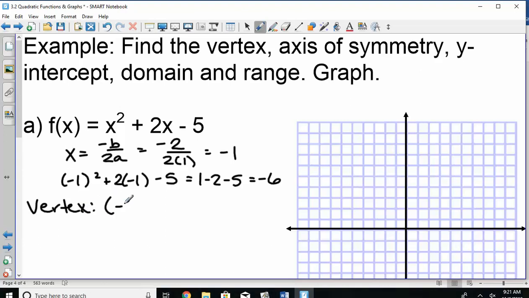So the vertex is an ordered pair, negative 1, negative 6. The axis of symmetry is the vertical line going through the vertex, so it's x equals that x value. x equals negative 1.